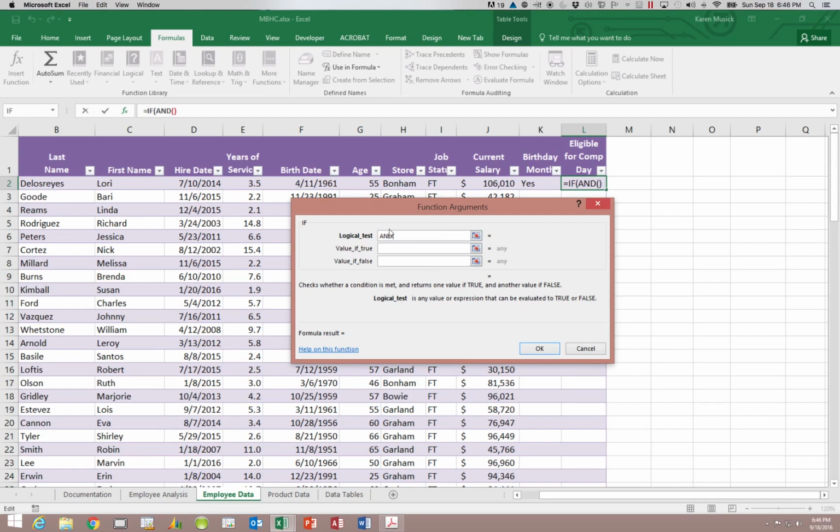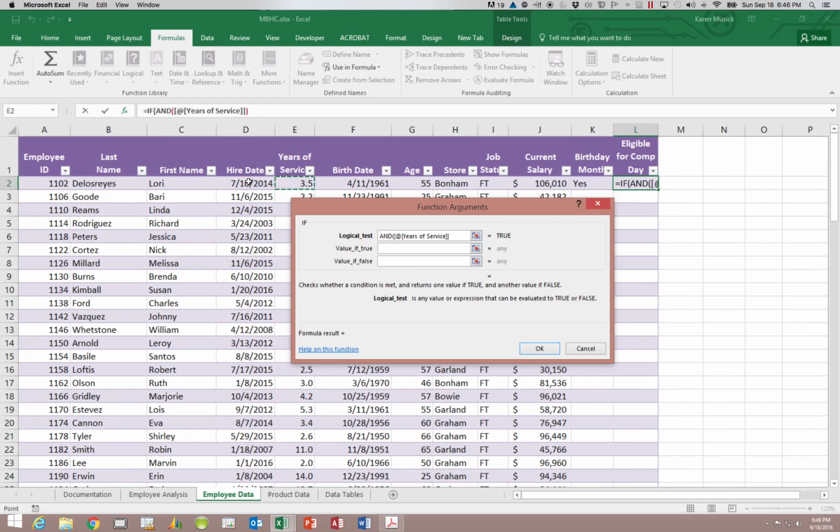Now you're going to put in your two decisions, or however many you have, and they must be separated by commas. So our first one we said was going to be that the years of service is greater than or equal to 2.